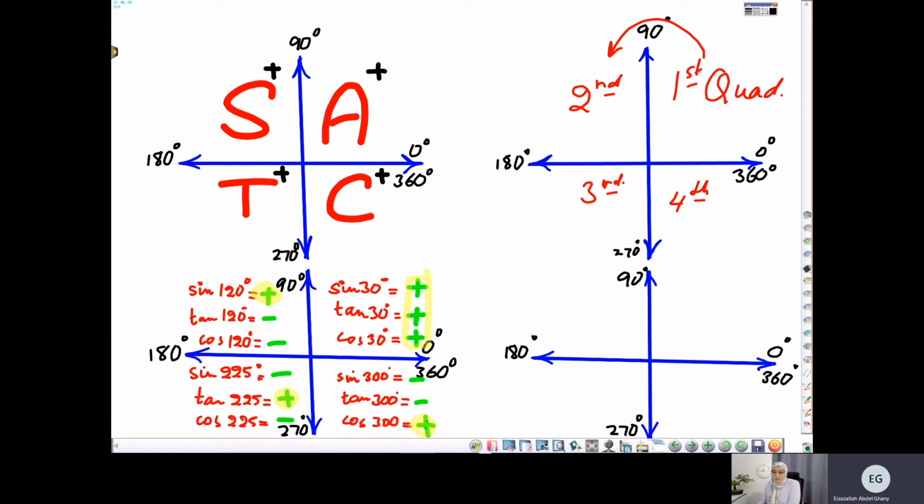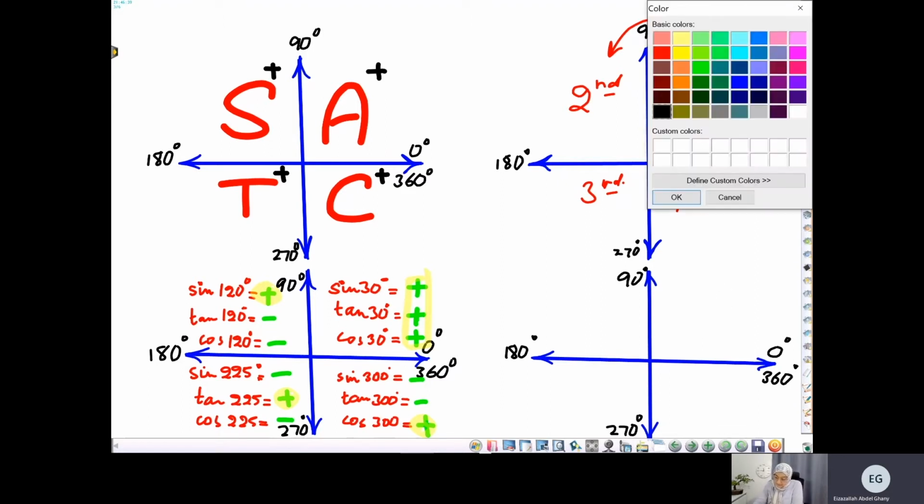Now we need also to use some relations. If we name the angle theta in the first quadrant, any angle in the second quadrant we will name 180 minus theta.